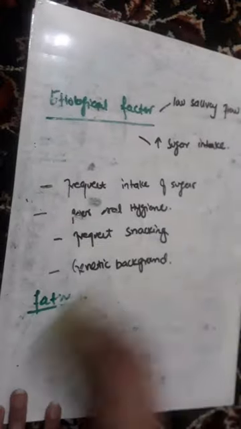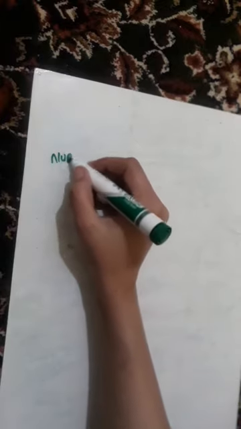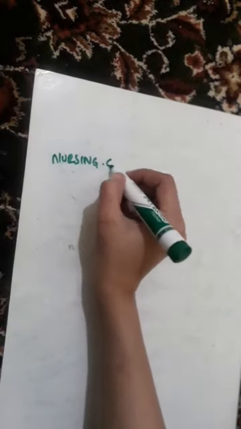Now quickly we'll revise the difference in tabular form. Here I'll quickly revise nursing caries and rampant caries. Nursing caries is a specific type of rampant caries.